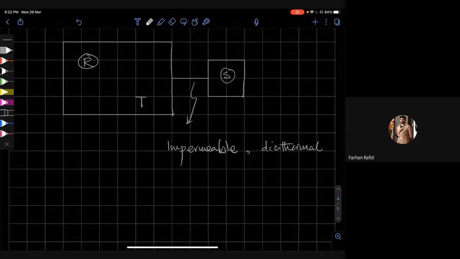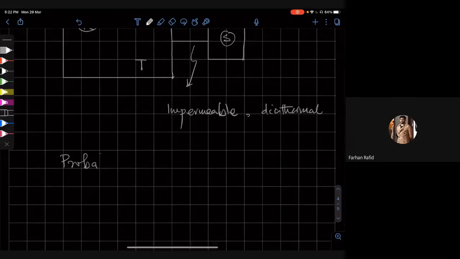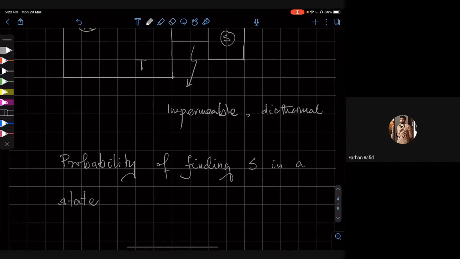Now, what we do is figure out the probability of finding the system S in a state alpha, which has energy E of alpha, okay?